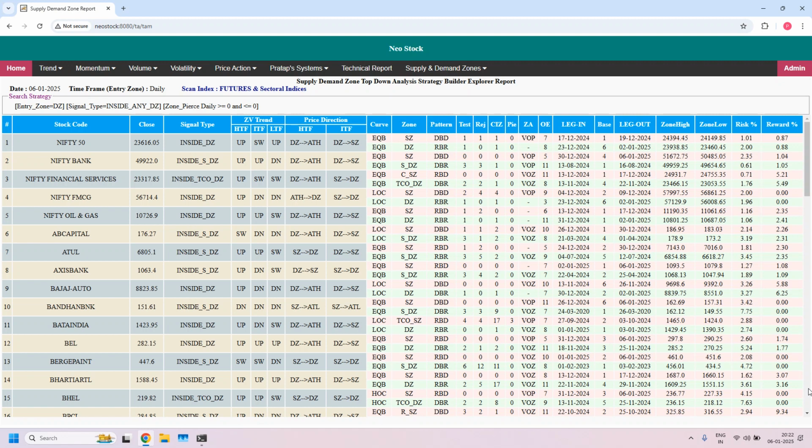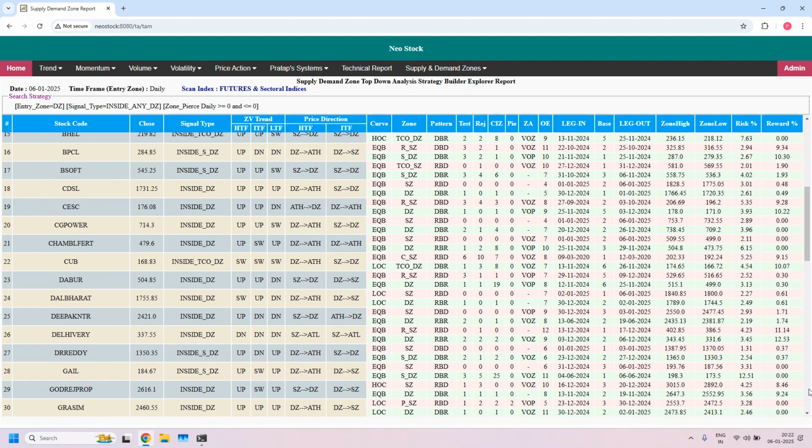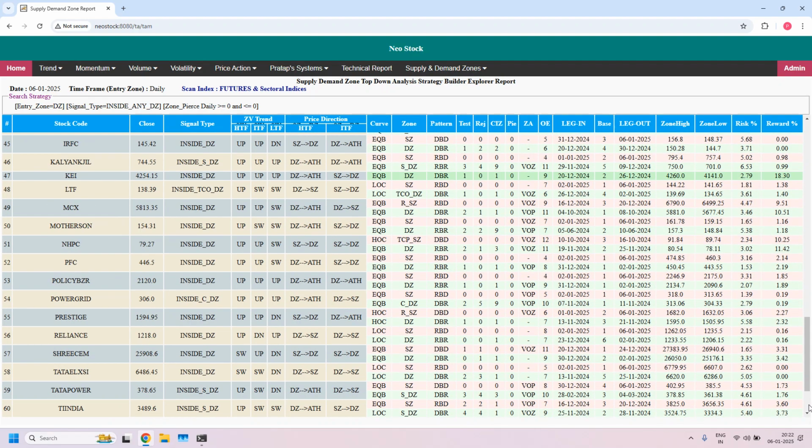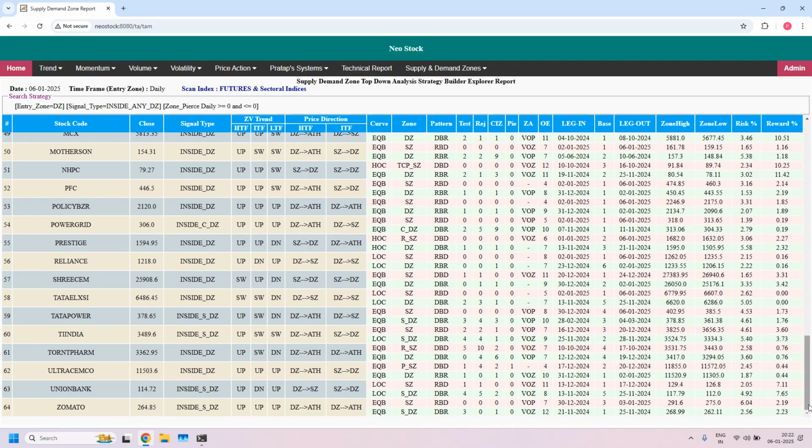Price closed inside the demand zone. 64 stocks. Currently price closed inside the daily demand zone. Okay.